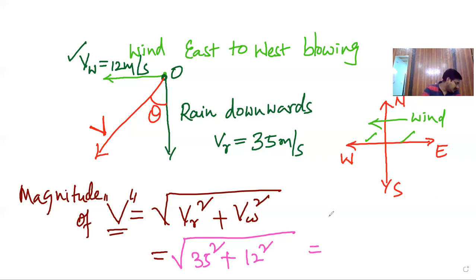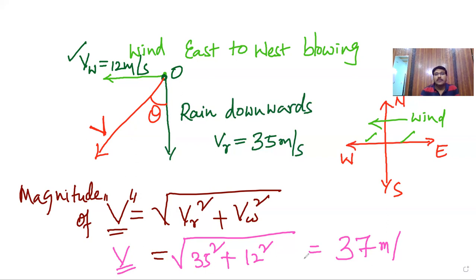Finally, that becomes 37 meters per second. Clear? So that is nothing but the magnitude of V.